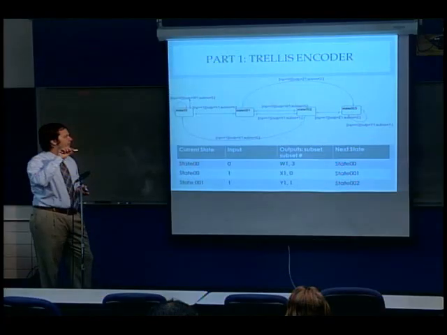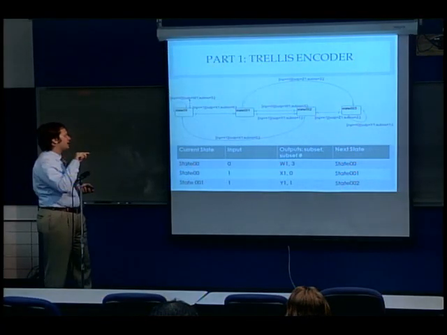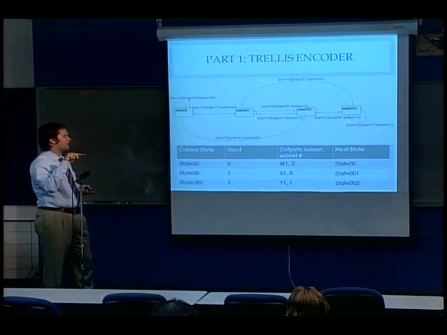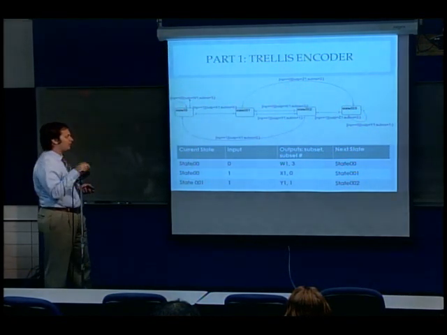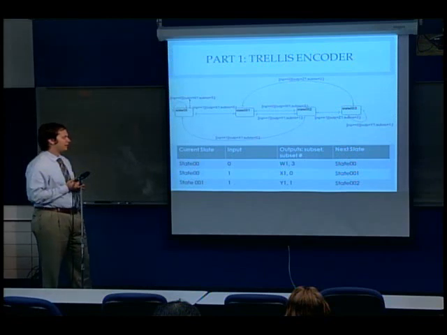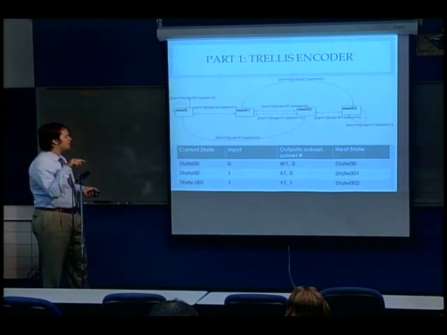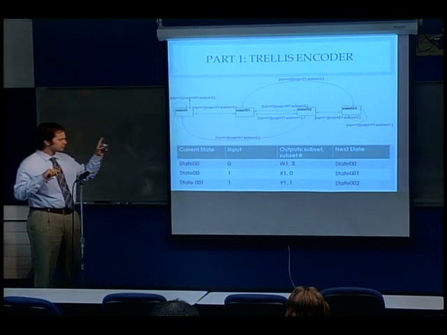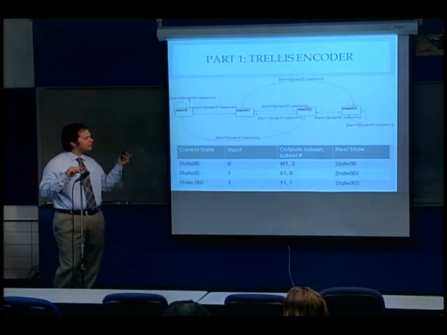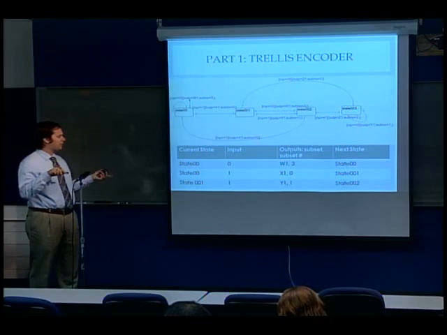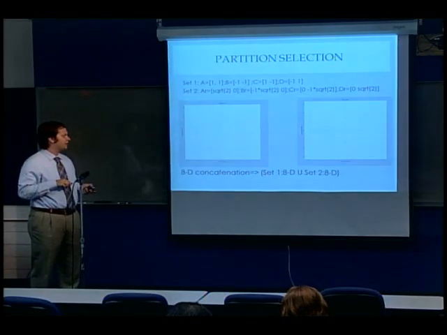What's really nice is that during the simulation you can see it highlight which state it's in and which state it's going to, so you can watch it evolve in time. This is how we get extra information and output our subsets for selection.